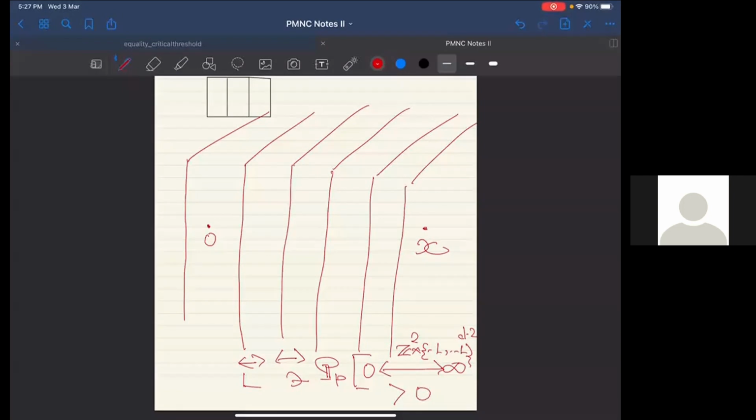Now suppose there is a path that connects 0 to x, but manages to avoid connecting to infinity through each of these layers.